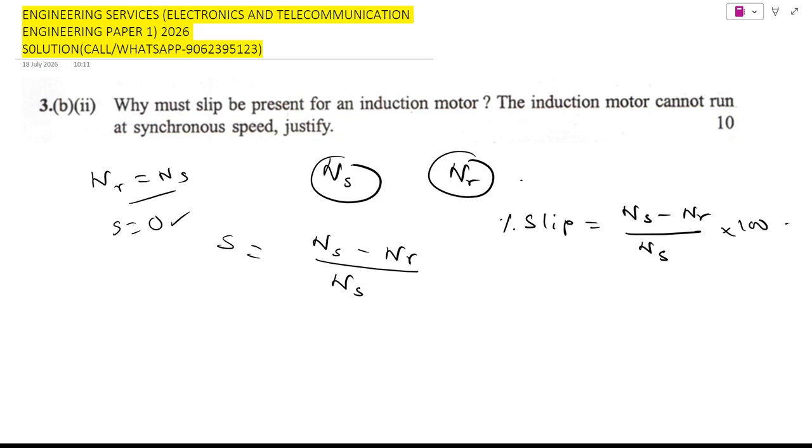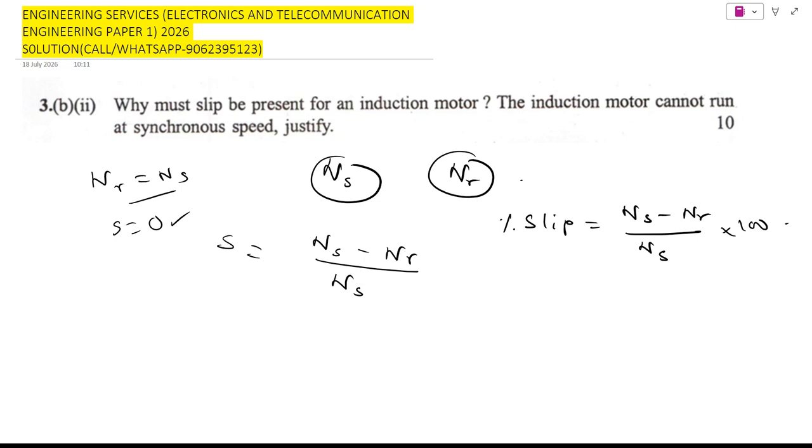As soon as the torque becomes 0, the rotor immediately slows down. The moment it slows down, slip again becomes positive and EMF is induced again, current flows, torque is produced, and the motor continues running. Therefore, the motor automatically stabilizes at a speed slightly less than synchronous speed.